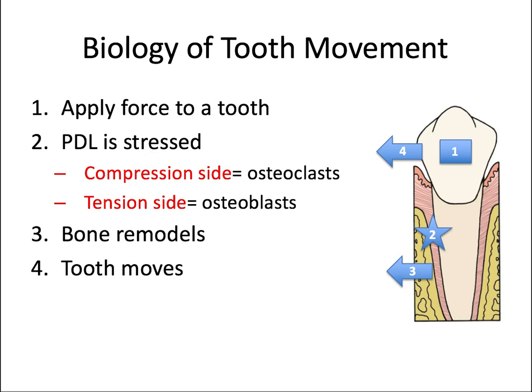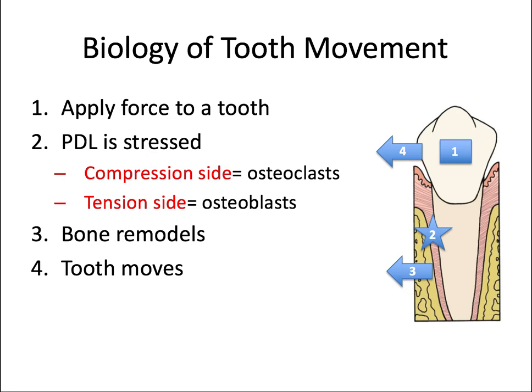So the tooth socket itself shifts over. The bone is remodeling in such a way that enables the tooth, as step 4, to freely move along with the shifting bony socket.